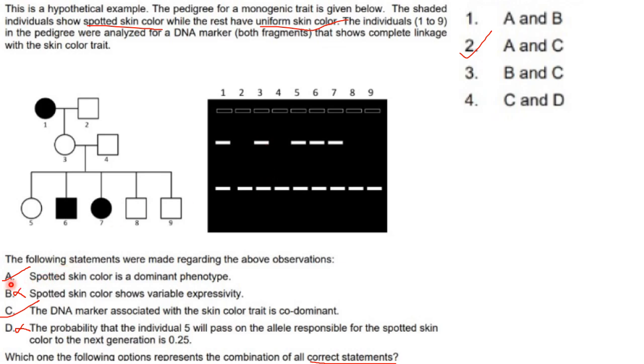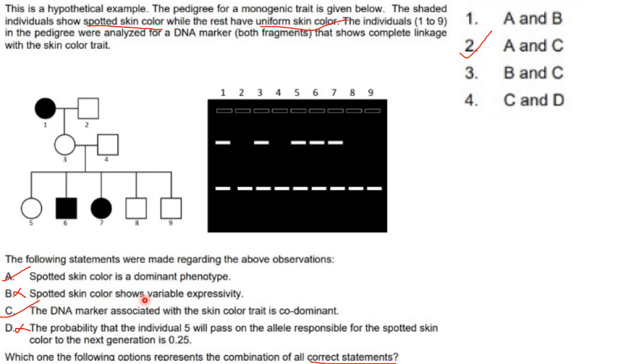Okay, first statement: spotted skin color is a dominant phenotype. Yes, that is why 3 and 5 have the disease even though they do not show it phenotypically. They show the bands, so it could be a dominant phenotype.